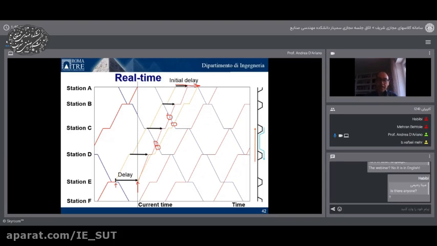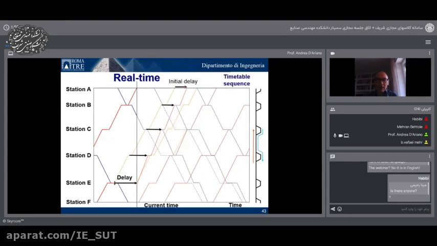Okay. One possibility to reschedule trains to solve such conflicts is to keep the timetable sequence. What do I mean with keep the timetable sequence? I do not alter the ordering between trains. I just shift the whole timetable by exactly this amount. So this is the amount of delay of this train in this station.